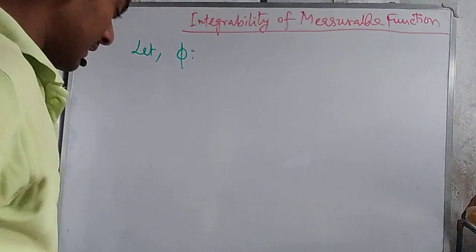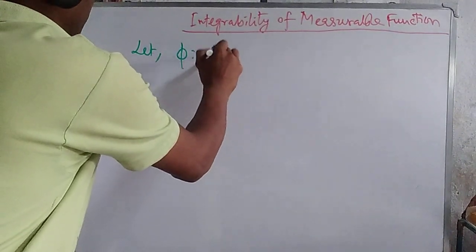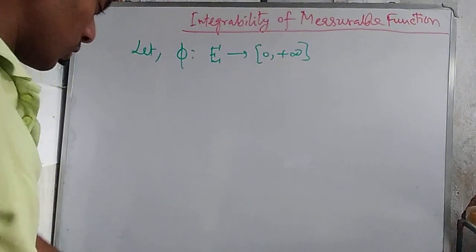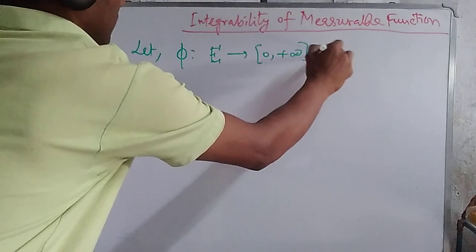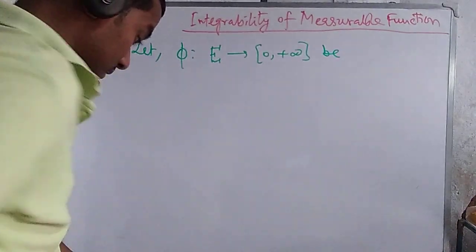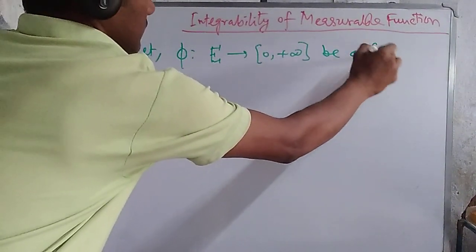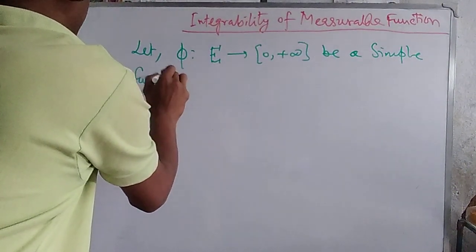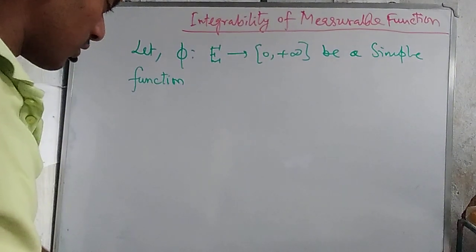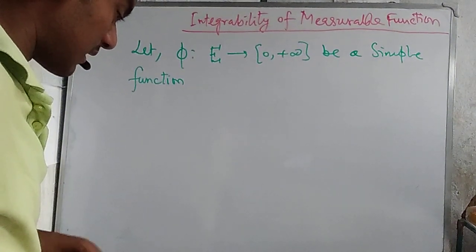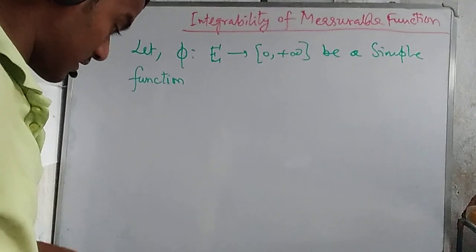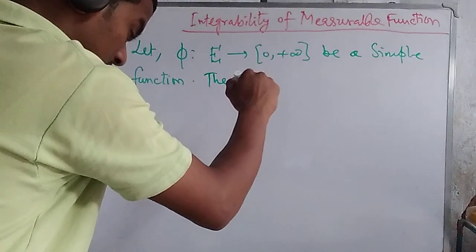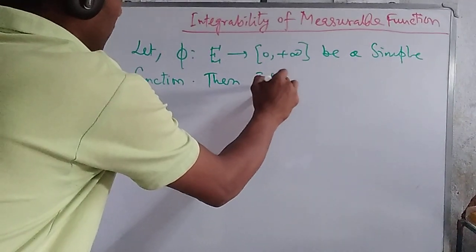Let phi from E to 0, infinity closed be a simple function. We also discussed simple function, that means some linear combination of characteristic functions.